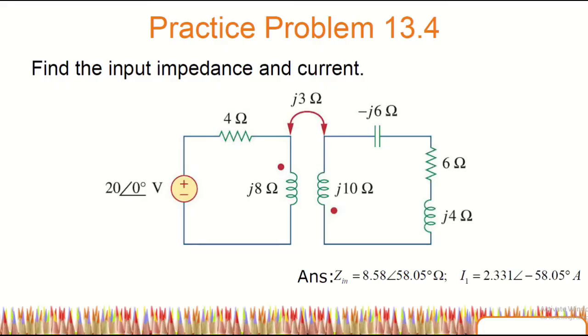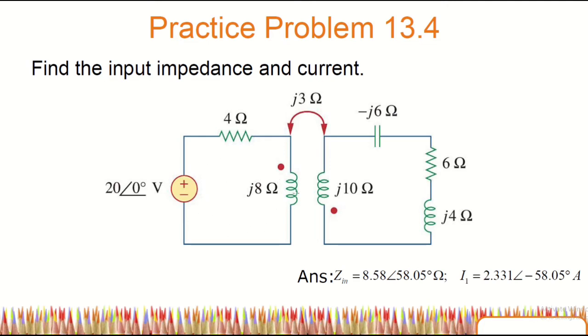So for practice problem 13.4, you can try to solve this. It's the same as the previous example. You need to find the input impedance and the current. So the current means the current at the primary coil over here.